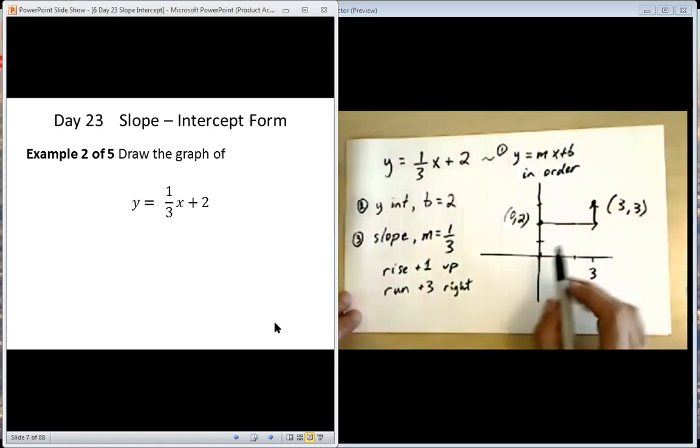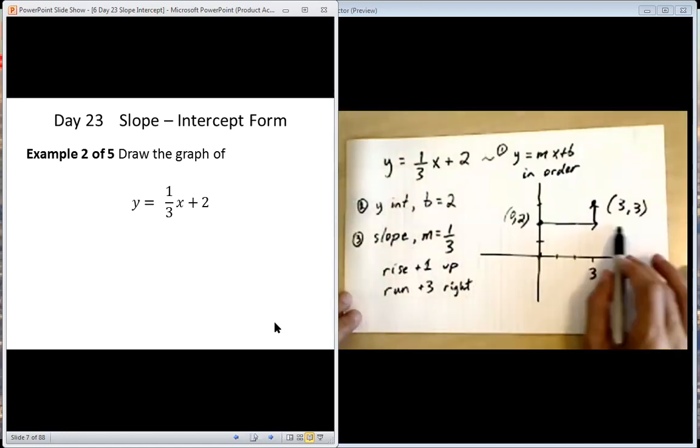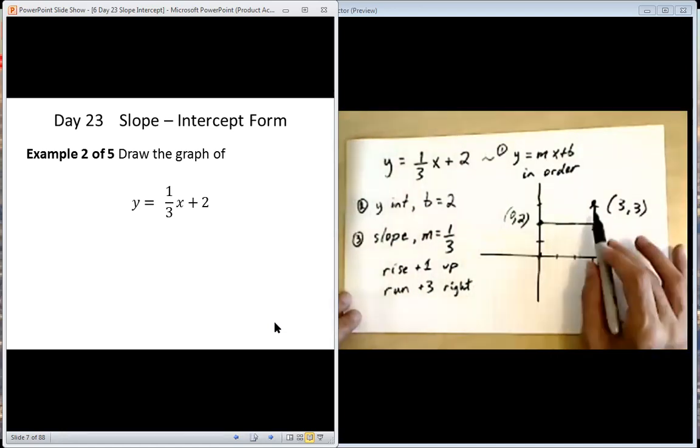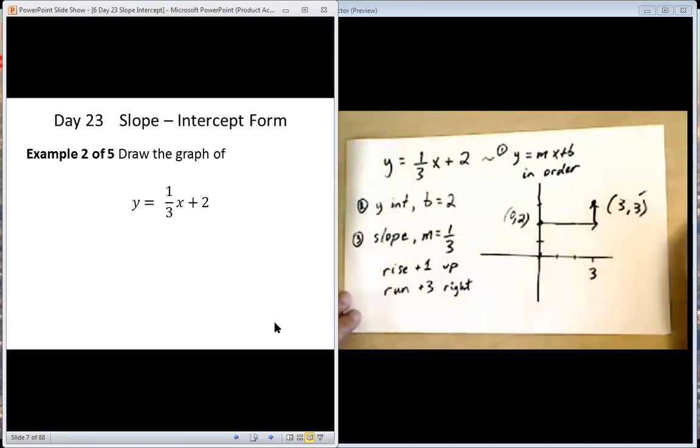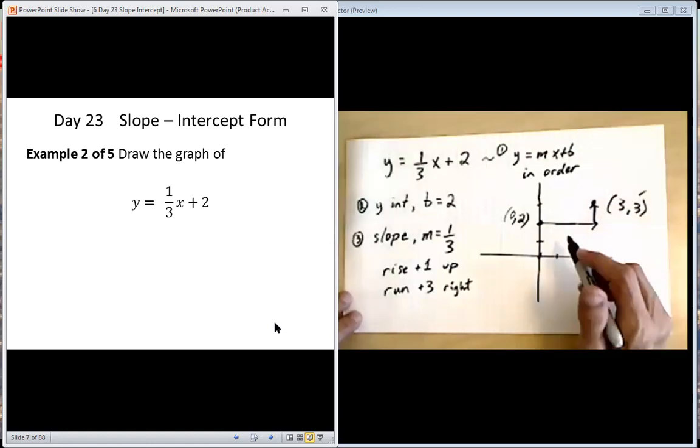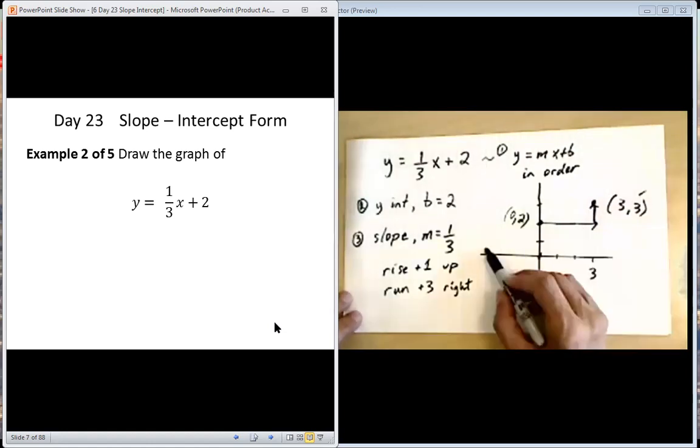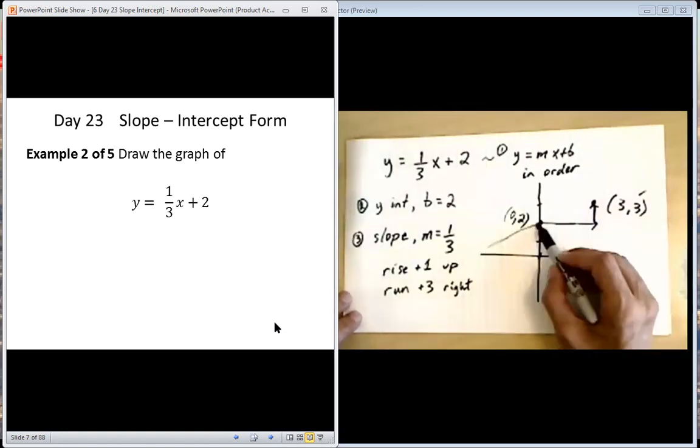See? Height of 2 all the way along here. And we go up by 1, so we get that second 3 for the y direction. Being super careful, lay it down, connect the dots. Something like that.